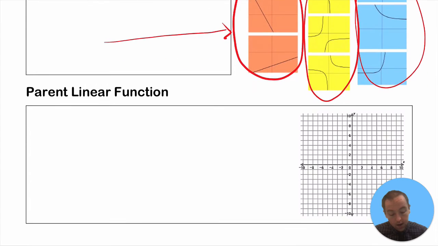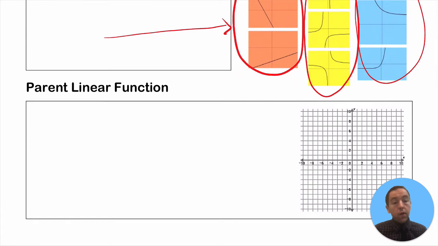Now, in each function family, there's going to be what we call the parent function, which is the most plain, basic sort of function we can define for that family. For the linear family, it turns out that this diagonal line that has a positive slope of 1 passing through the origin is going to be the parent function for lines.